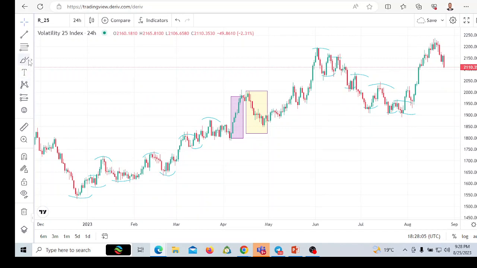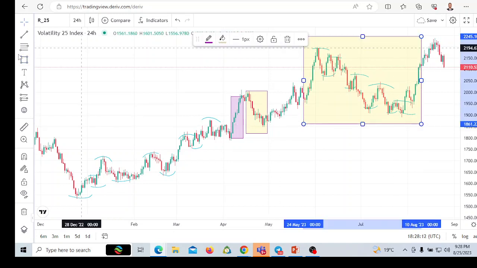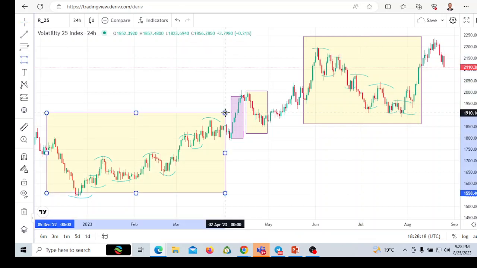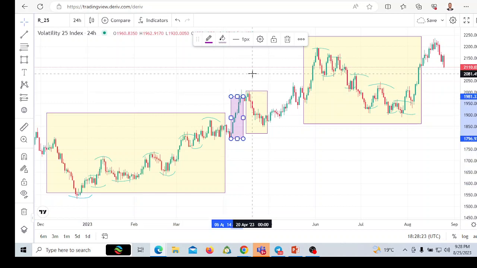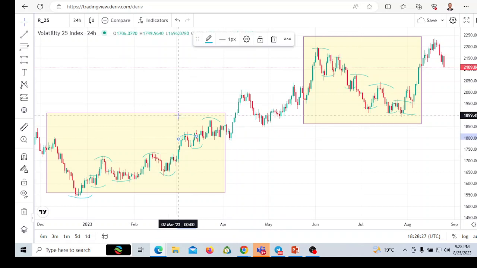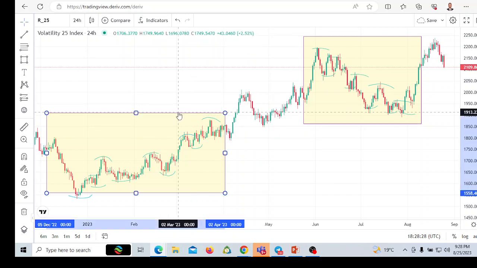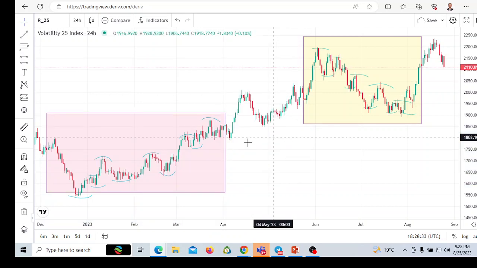This one, and this one, these two. Let me put this color as something else for the difference. We'll do pink.